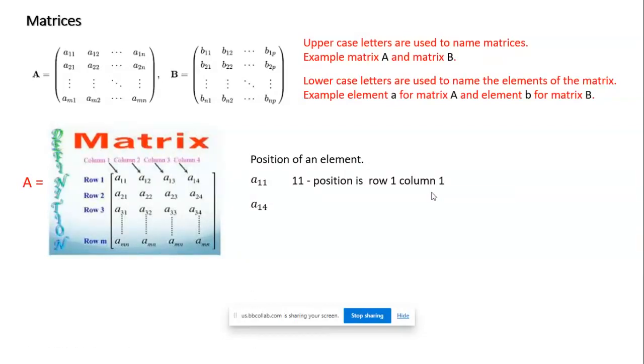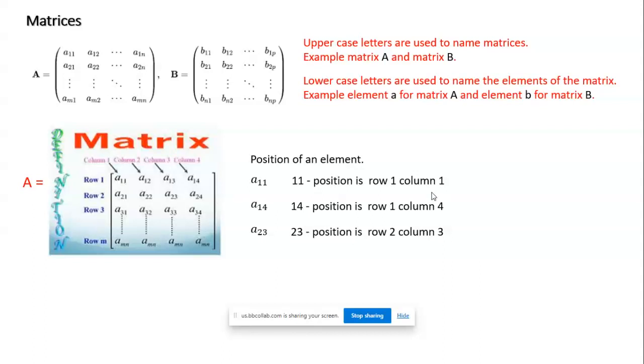These are just examples. A14, what would this mean? Because you have homework problems that are going to ask, what is the position of A14? You would go to the position in row 1, column 4. A23, you go to row 2, column 3.